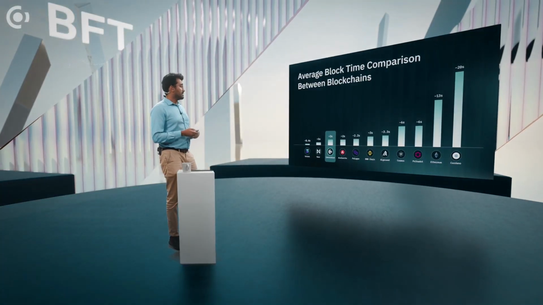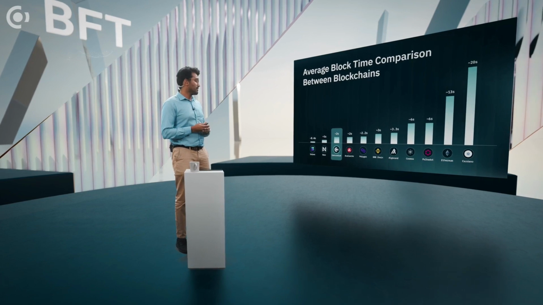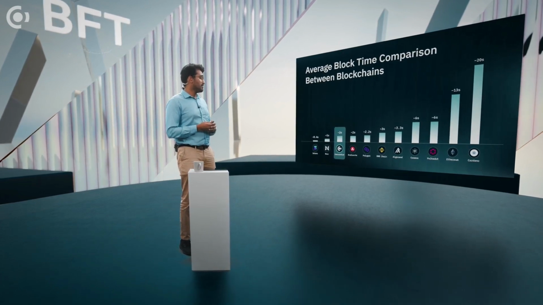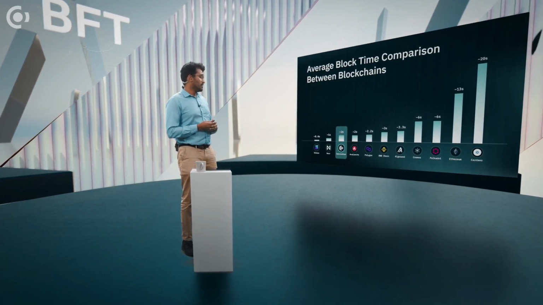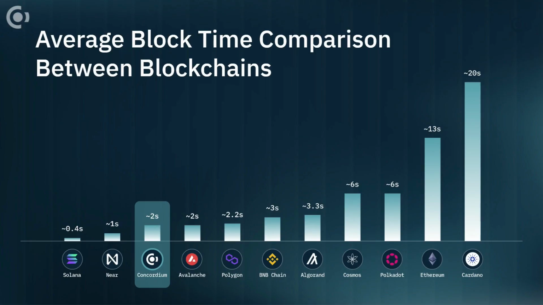In terms of where we stand, here's a quick comparison of where Concordium's block time is when compared to the other top layer 1 blockchains out there. As you can see, we fare really, really well. It's just Solana and Near that is faster in terms of block time. And as I said, we could also lower the block time even further by just changing a parameter.